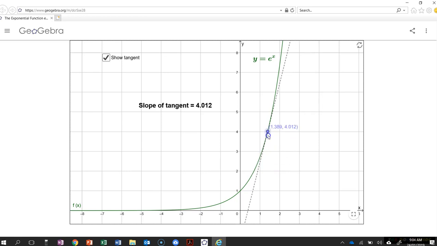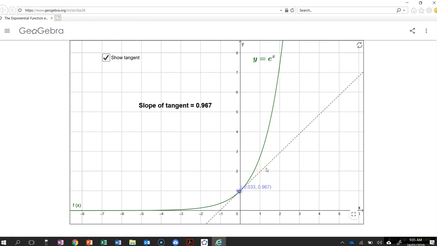So you can see that as I change the y value here, which of course changes the x value, it's going to always equal the slope of the curve. And that gives a really interesting result at 1. I can't quite get it onto 1. But you can see that at x equals 0, y would equal 1, and the slope of the tangent would also be 1.